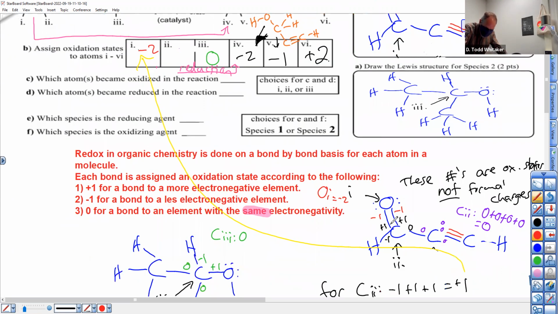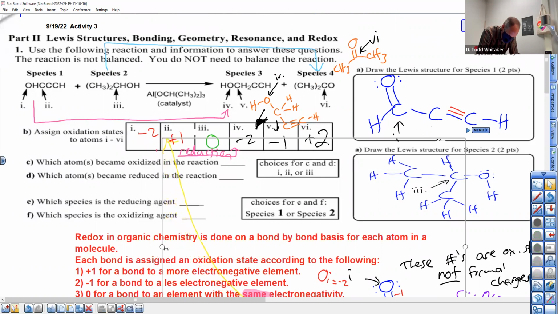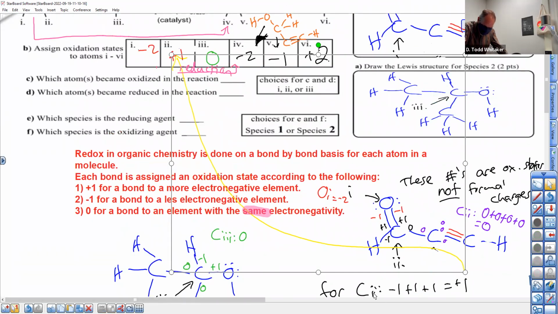So that is +1 for CII. And that yellow arrow should be pointing to that, right? Because this was for CII. There's the answer, and there's where it came from.